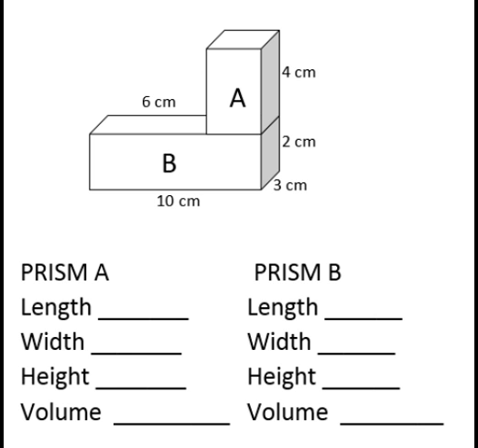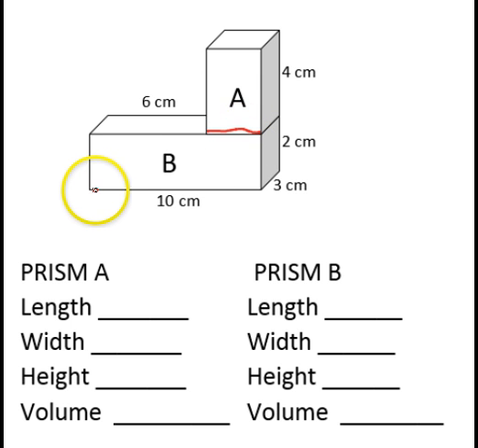Let's look at one more example. Here I have prism A sitting on top of prism B. I need to find the length, the width, and the height for prism A. Well, the length would be this distance right in the front, but we don't have any markings that would tell us what this distance is.